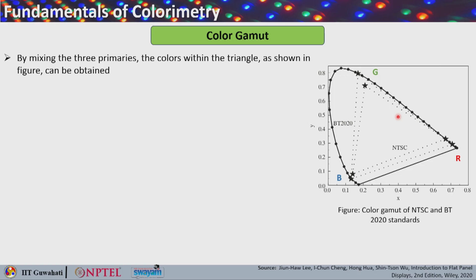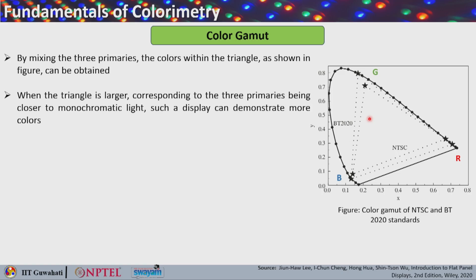By mixing the three primary colors, that is, the colors within this triangle as you can see here, we get the color gamut, which is the observable range in different standards. We will talk about two different standards here, one is NTSC and another one is BT 2020. They refer to two different triangles.